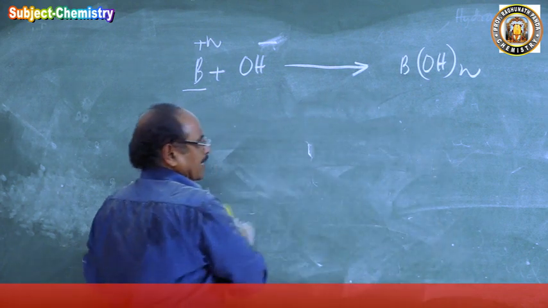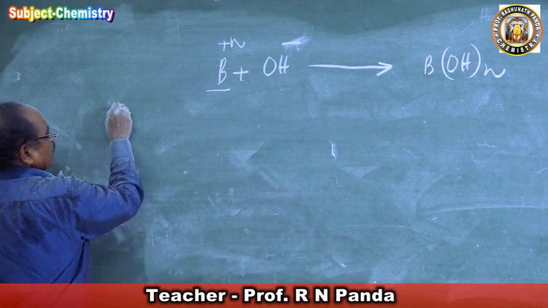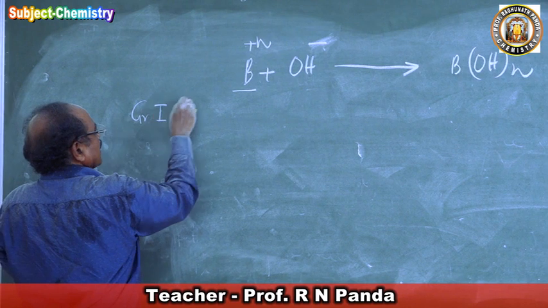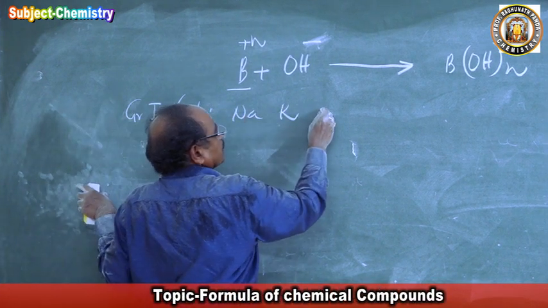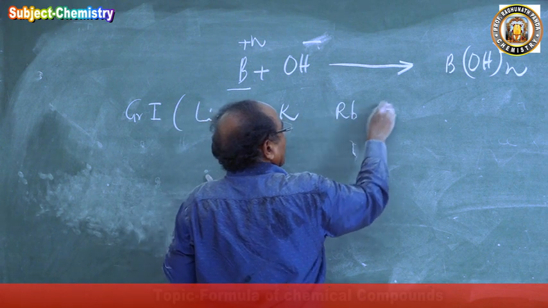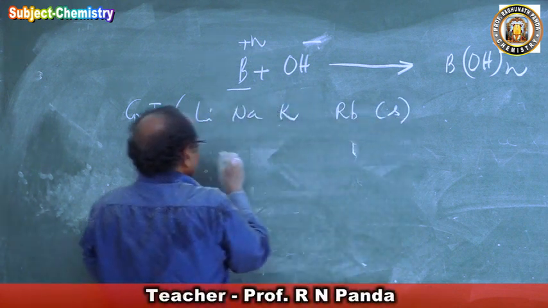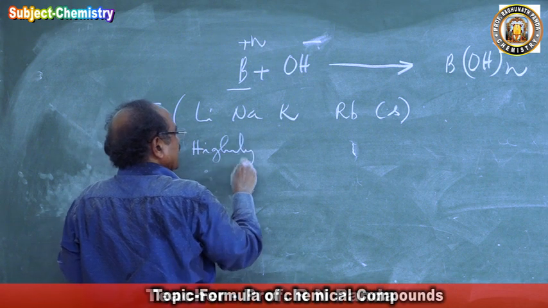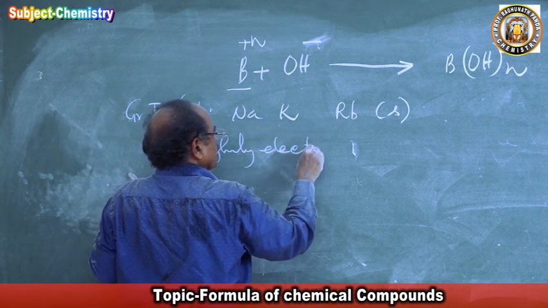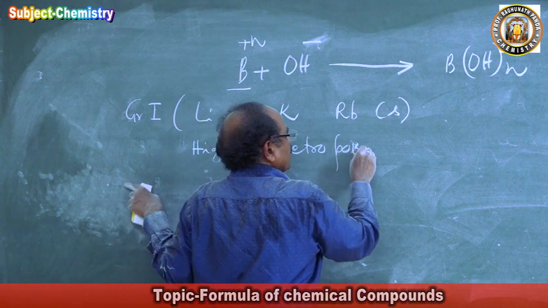Let's go to group 1. The elements in group 1 are lithium, sodium, potassium, rubidium and cesium. They are highly electropositive metals. Why?